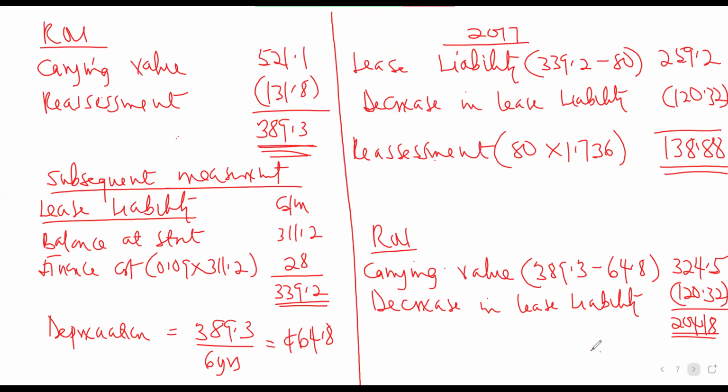Then you just bring the figures as the opening balances for the next year. But since they are asking us to do it year by year, that's why we are showing this at the beginning of every year. If it should be only 1 year, the reassessment at the beginning of 2016 will be done at the end of 2015. So that in 2016, you just bring the balances like that. All right.